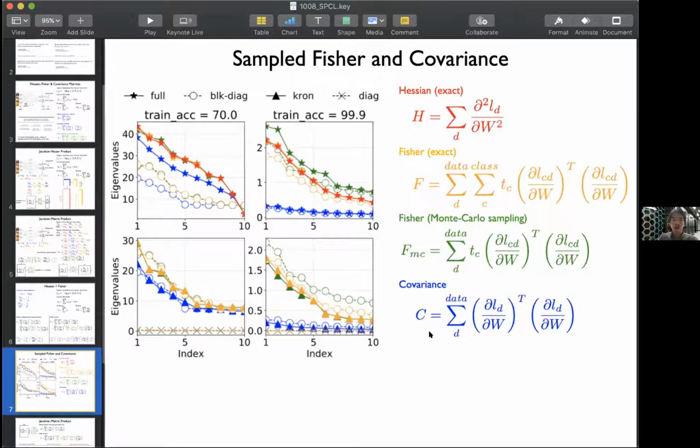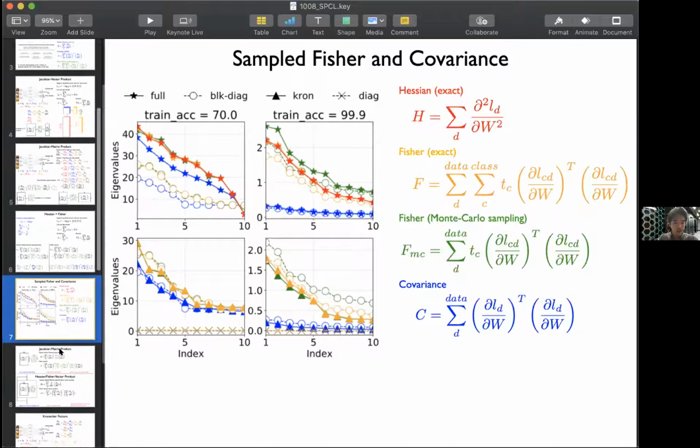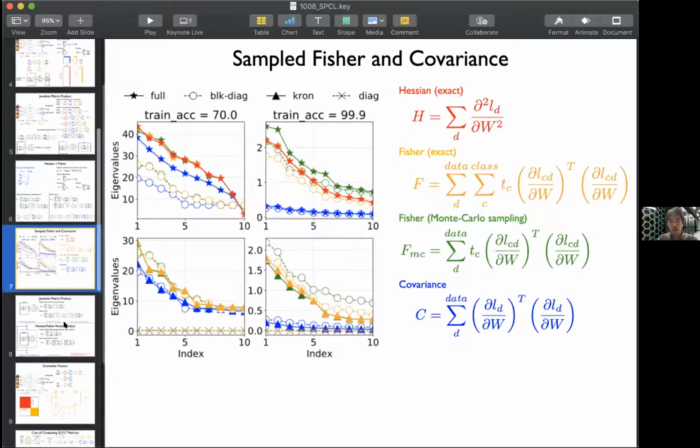So when we were initially doing the work with KFAC, we were using this covariance. So this is a more recent study looking back at what we were actually using as a preconditioner and looking at its properties. In hindsight, it wasn't the best preconditioner, but it was very cheap. So now I'm going to describe a little bit about the computational cost.